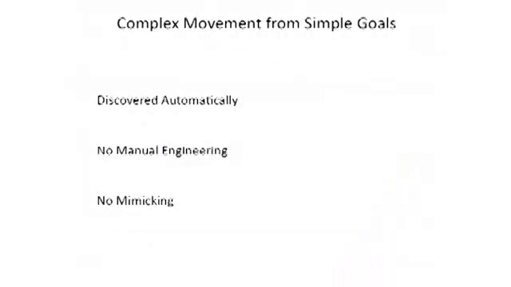And we would like these movement strategies to be discovered fully automatically, without the need for manual design or manual specification of motion or engineering. And we don't want them to come out of, say, mimicking of existing motions that we provide. We would like to have them discovered de novo.